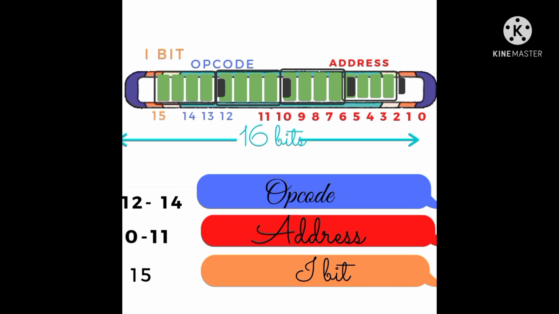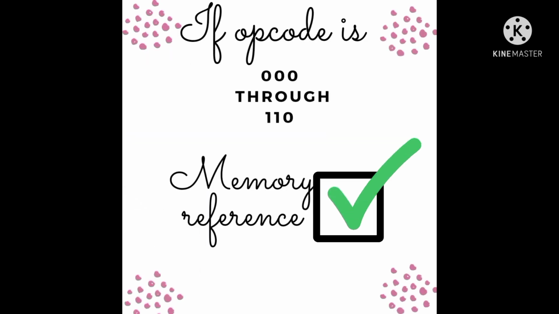Next, I will tell you how to differentiate the different types of instruction code, that is whether it is a memory reference, register reference or IO reference. For this, we have to check the opcode bits, that is the 12th to 14th bit. If the value of the opcode is between 000 and 110, it means the given instruction code is a memory reference instruction code.